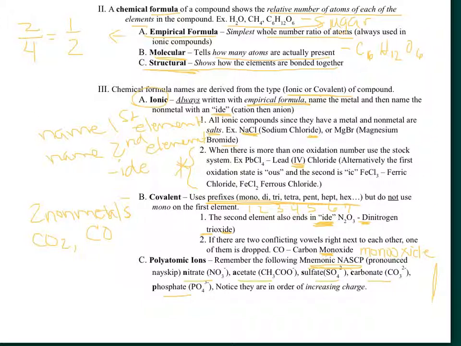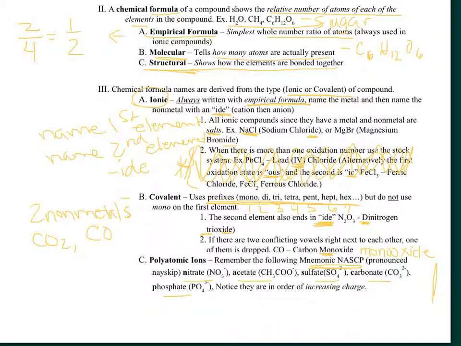Alternatively, you can use the oxidation state or the -ous and the -ic. The first oxidation state ends in -ous, the second in -ic. Actually, I think we are just going to skip through that. We may come back to a few examples and just work examples that way.